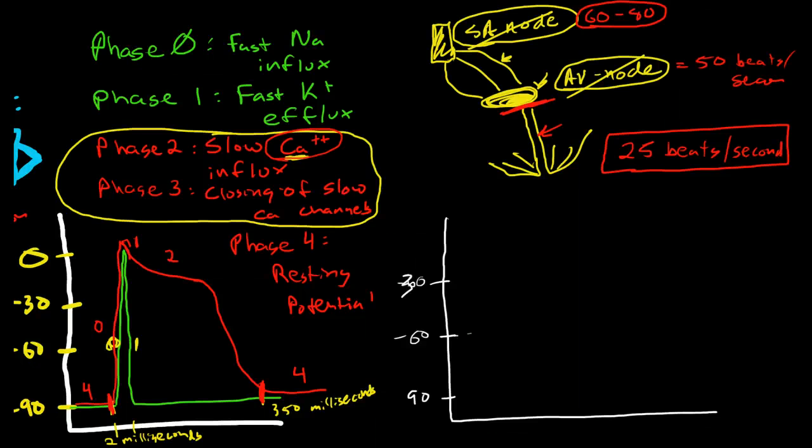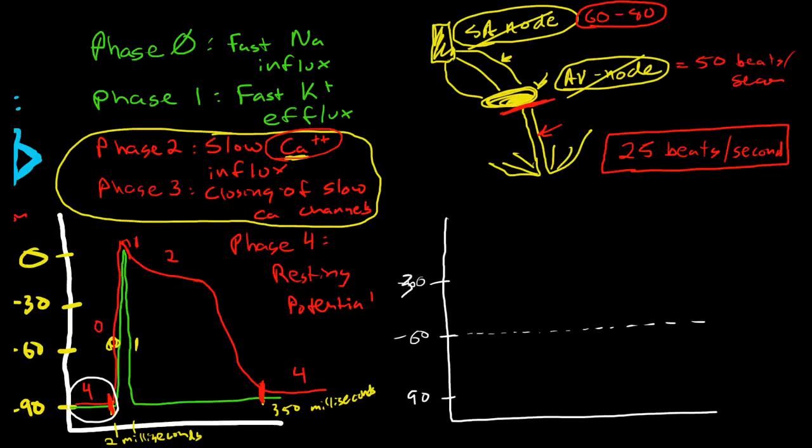We'll say that our threshold is negative 60 in this case, and let's say we have an SA node pacemaker cell. Now, if you remember, the resting potential is flat. If left alone, the resting potential would maintain at negative 90 forever because of the continuing action of the sodium-potassium pump and the potassium leak channels and things like that.